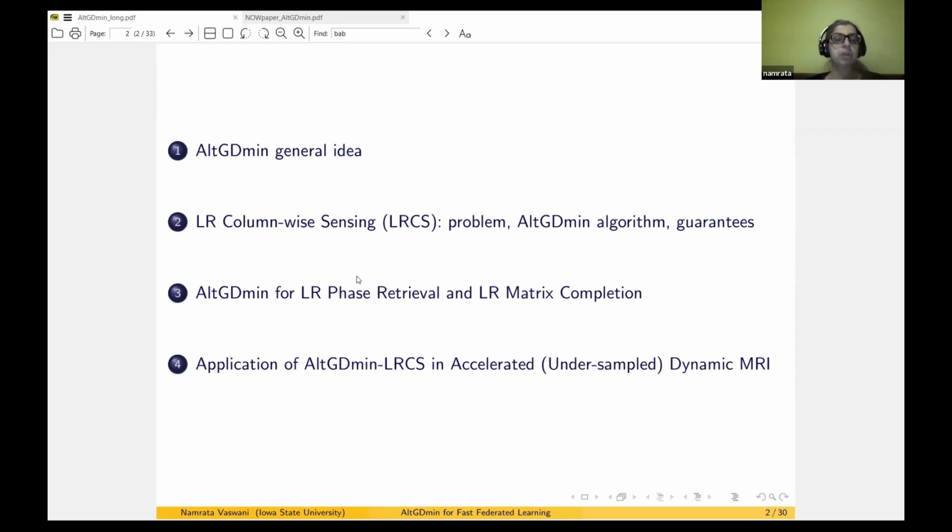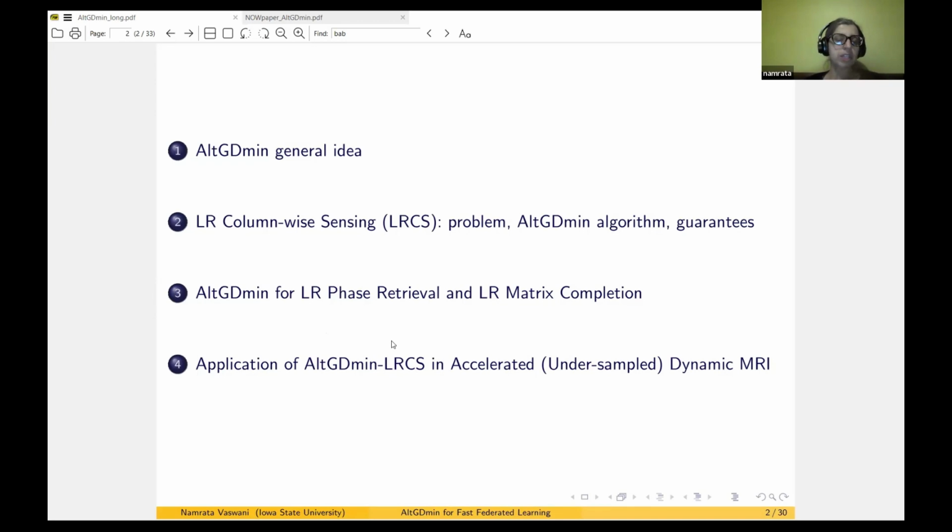Then I'll talk about two other problems where it is useful, either time-wise or communication cost-wise. Matrix completion, it's mostly its advantages in the communication cost, not in the time cost. Items 3 and 4 will be short. Item 3 will be just 2 slides. I'll just briefly mention this. Item 4, I'll spend about 20 minutes on the application.